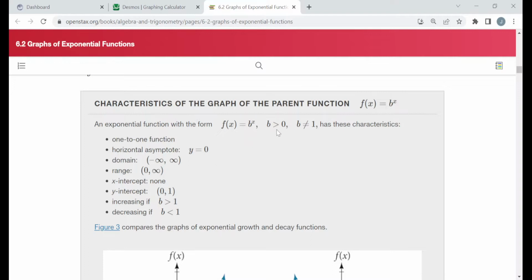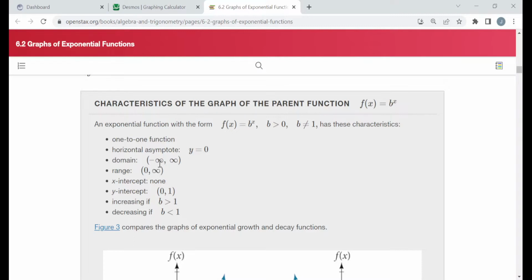So this basic exponential function has the following characteristics. It's a one-to-one function, and again I'm assuming you remember what that means. The graph has a horizontal asymptote of the x-axis, or the line y equals 0, so on either the right end or the left end, but not both, the graph will approach the x-axis, not actually touch it though.